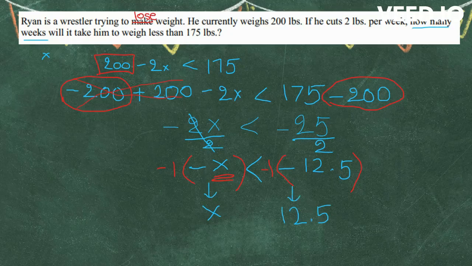The less than symbol will get reversed into a greater than symbol, because we are multiplying with a negative sign. When we multiply an inequality with a negative sign, the inequality sign is reversed.